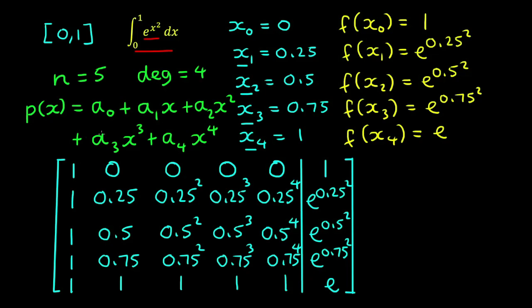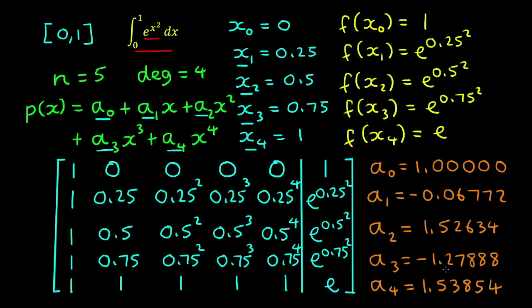And now we can solve this system to obtain the coefficients. Typically, you'd reduce this to reduced row echelon form, and then you'll get the coefficients in the right column, which I'll let you do as an exercise. So you'd get the following results.